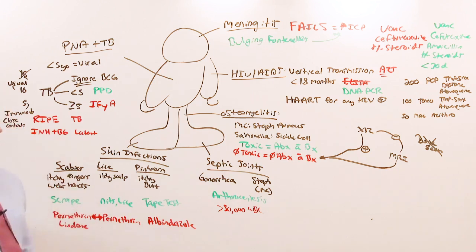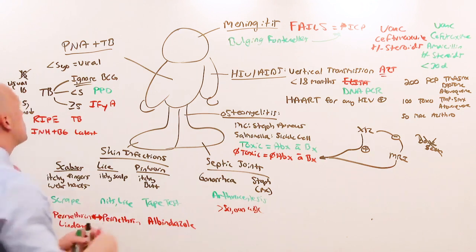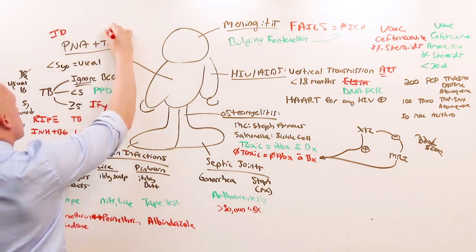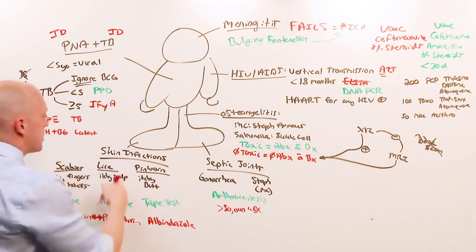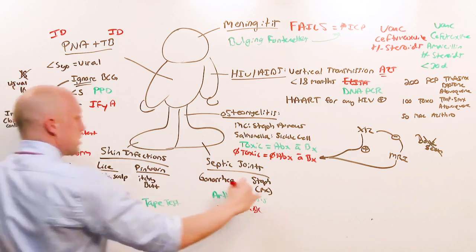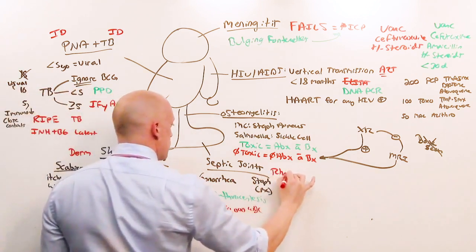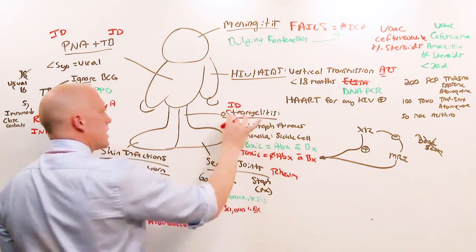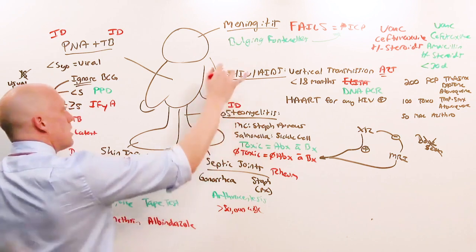Okay, so we've covered a lot of topics in very minimal detail. Pneumonia is in Medicine ID. TB, Medicine ID. Skin infection is in Derm. Septic joints is in Rheumatology. Osteomyelitis is in the cellulitis lectures under ID.